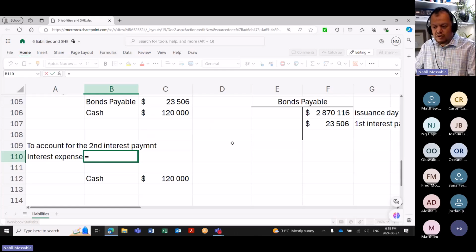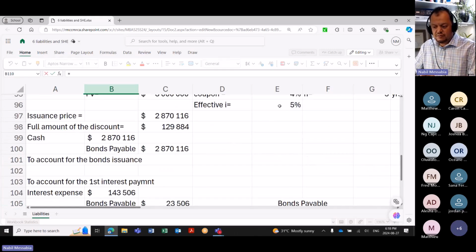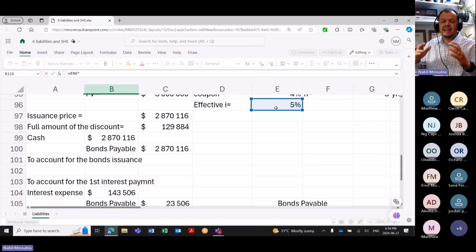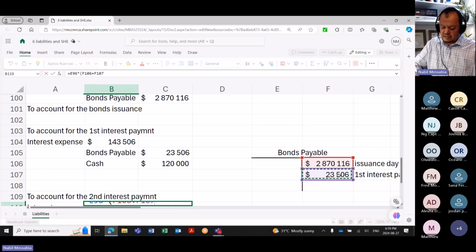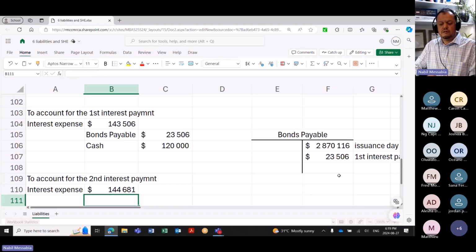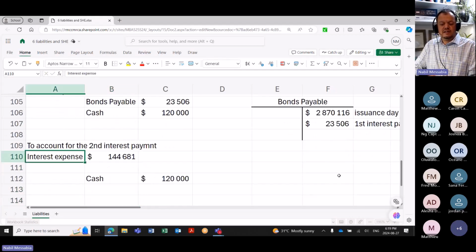Not the coupon, but the yield rate, the effective rate, 5%, multiplied by the carrying value. But the carrying value has moved now. It is no longer the issuance price. The carrying value is now, as per the T account, the issuance price plus the first amortization of the discount we made last year. So now the interest expense is 144.